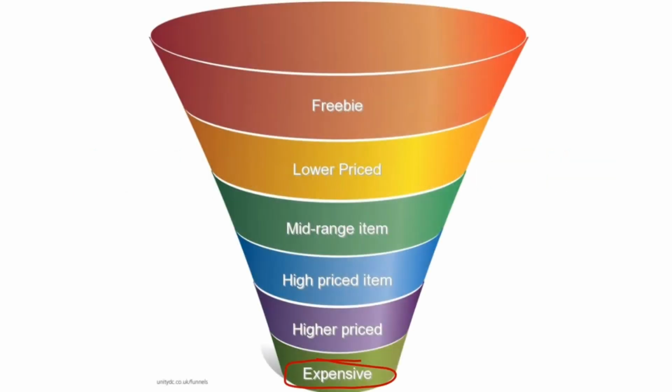You've now reached the expensive end of the funnel. Right down at the bottom here, people have downloaded your freebie, they've bought all your lower, mid-range and higher priced products or services, and now you've got a position where you can sell them something that's quite expensive.